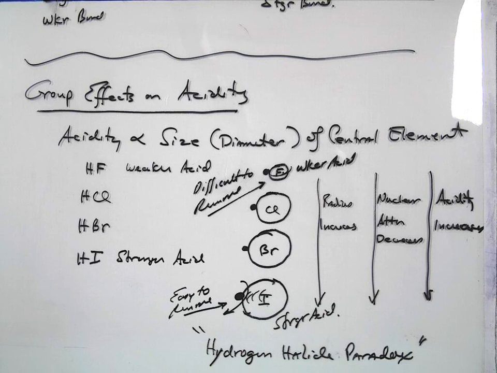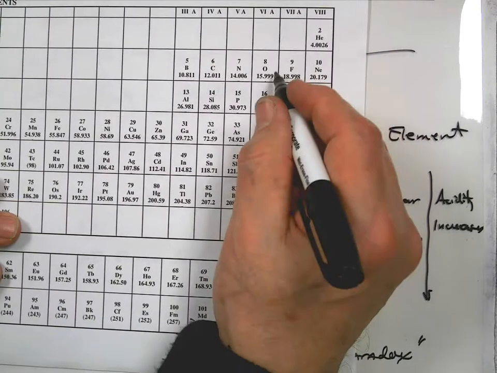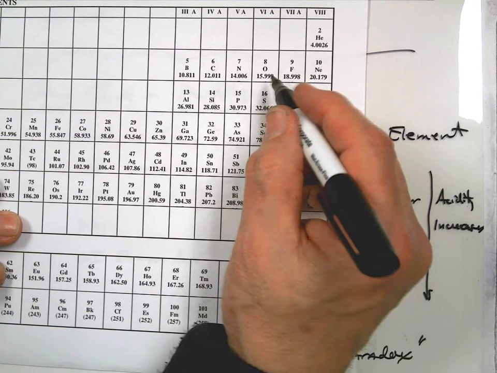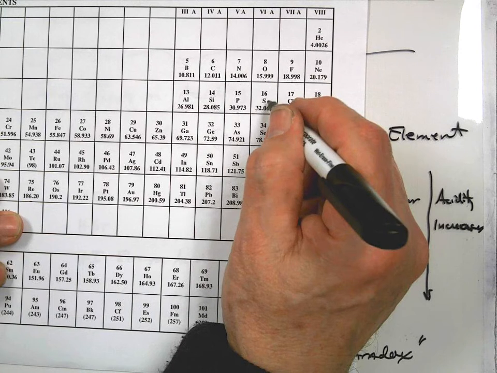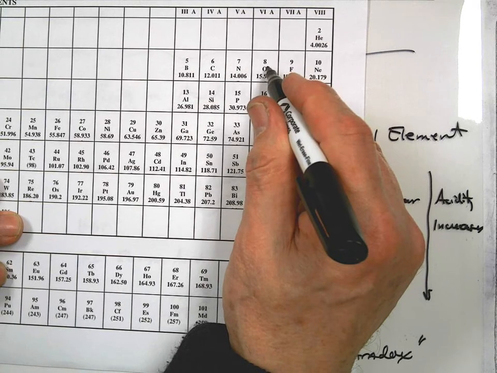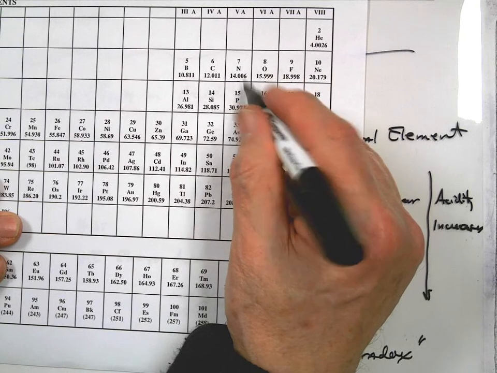Now you can apply the same thing to the other groupings in here if you took a periodic consideration here and hung the hydrogens on. The H2S would be more acidic than water, HOH. Phosphorus trihydride would be more acidic than ammonia.